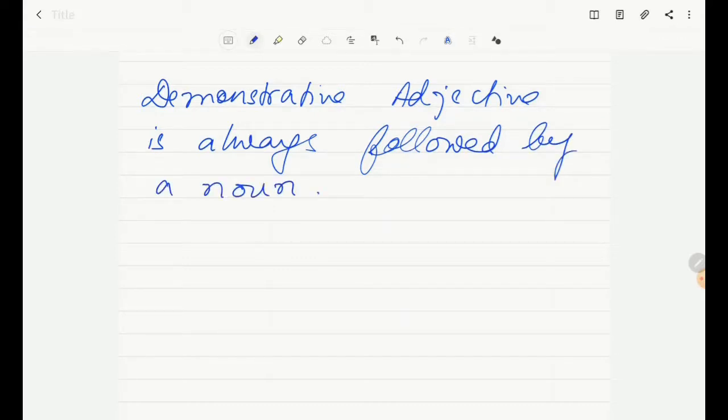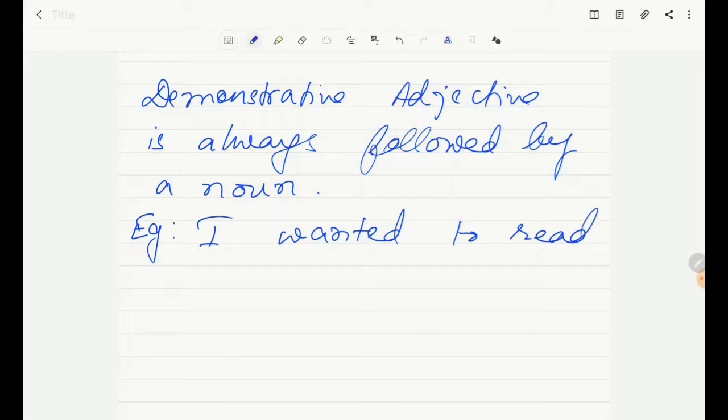Example, I wanted to read this book. In this sentence, what is the demonstrative adjective? This is the demonstrative adjective, as this is qualifying the book.